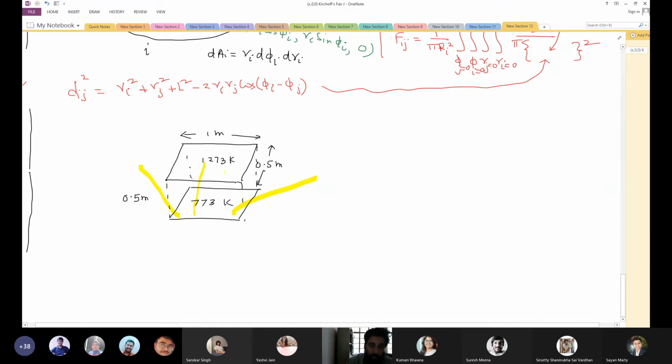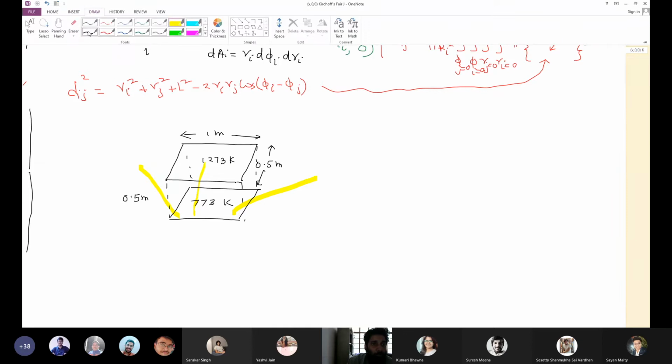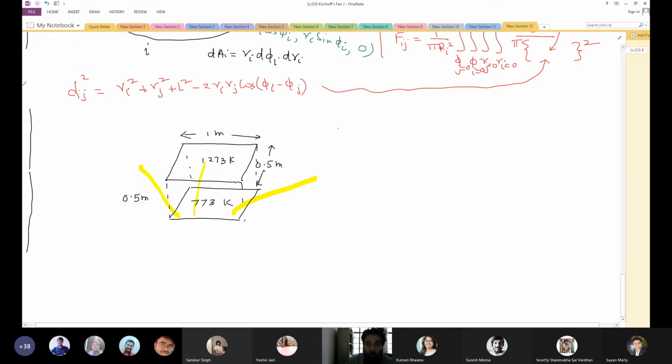So net radiation exchange means Q1 to 2 minus Q2 to 1. So this is Q net. So net radiation exchange between these two surfaces.